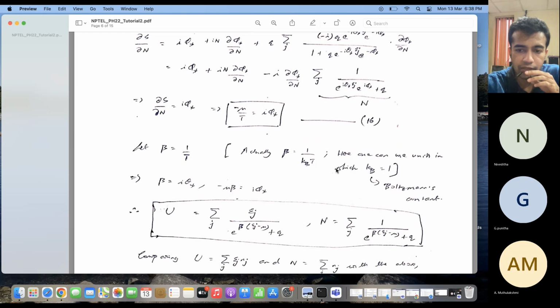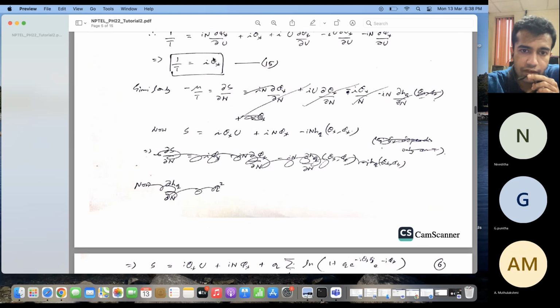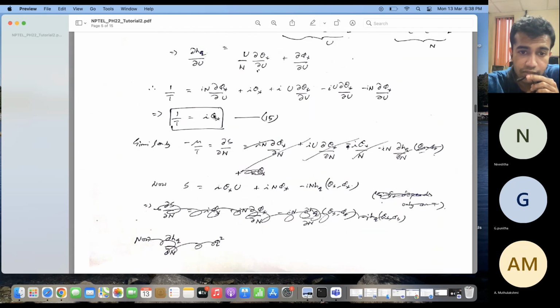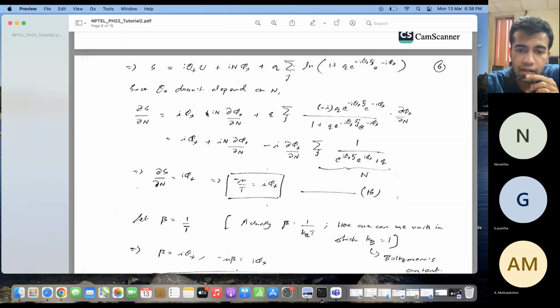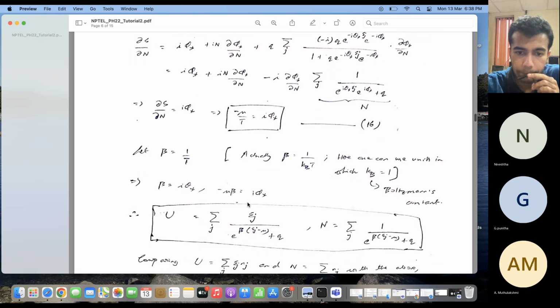In general, kB is not equal to 1, but for the moment, let us work in those units where kB is equal to 1 for simplicity of expression. Since beta is equal to 1 by T, I theta star is equal to beta, and I phi star is equal to minus mu into beta.